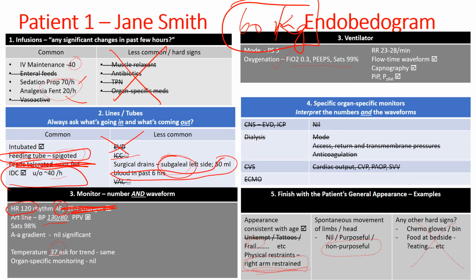So clearly, I've ticked no here, but the actual answer is yes, but you have to say it's because of the AF. And then she's having good SATs, and we look at the FiO2 in a minute. What's the FiO2? It's 0.3. So good SATs with an FiO2, so not much A-a gradient. So respiratory system, oxygenation at least seems to be okay. She's afebrile, the trend is the same, so good, that's no problem.